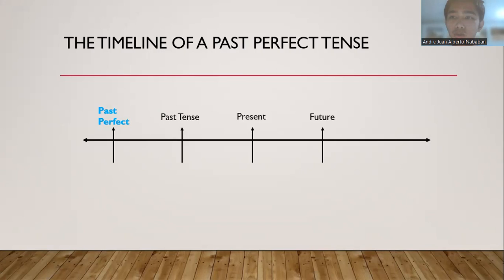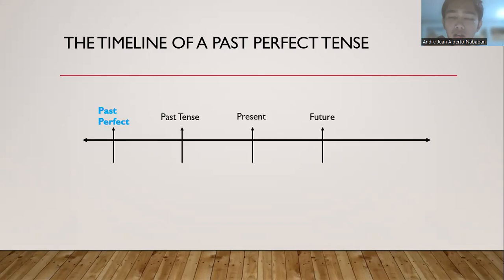Going to the right it goes positive, and going to the left it becomes negative. So from the present, the positive side is the future tense, and the negative side is the past tense. There is past perfect and past tense.